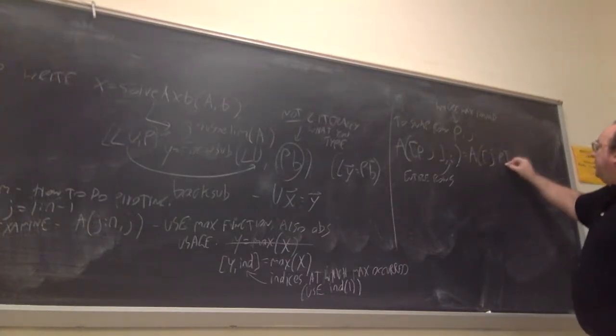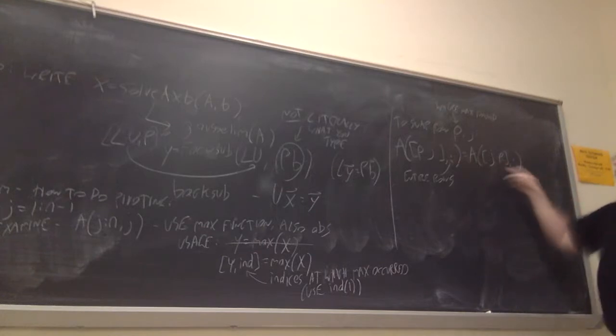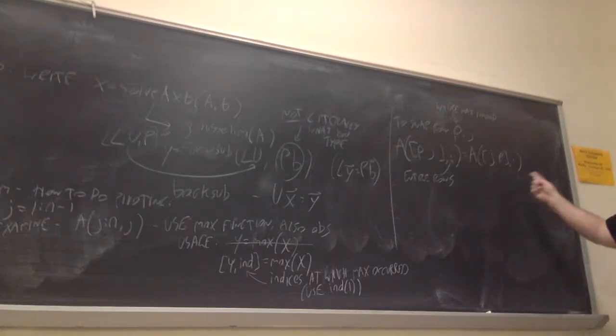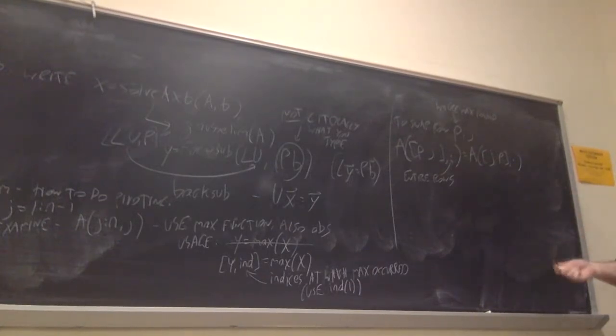So this will extract rows J and P in that order and stuff them into rows P and J in that order. That will swap the rows. You don't need to use a loop or anything to do that.